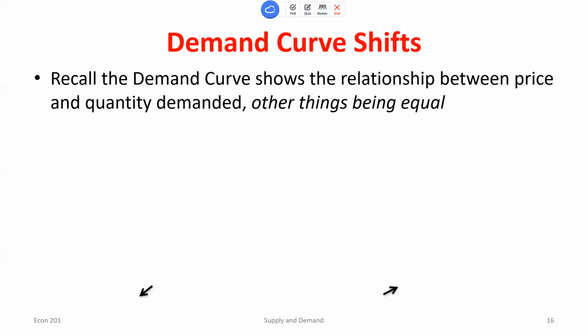The demand in 1990 tells us the relationship in 1990 between how much gas is going to be purchased and the different prices. So now, 30 years later, we have this substitute. I no longer have to have an automobile that requires gas. Maybe I have a purely electric car. So what do you think probably happened at any price?